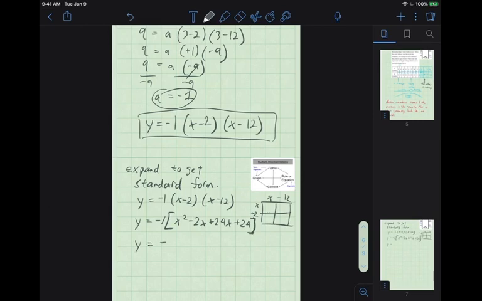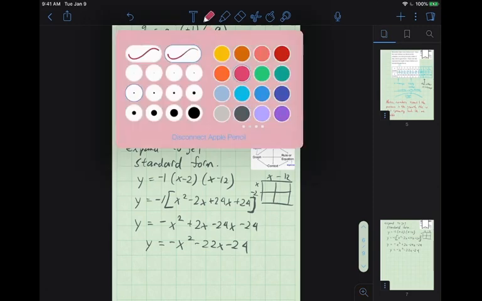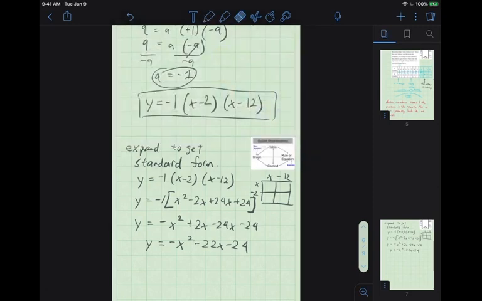Multiply out the negative 1: negative x squared, plus 2x minus 24. Y equals, combine like terms, minus 22x minus 24. I made a mistake in my foiling. This should be 12.